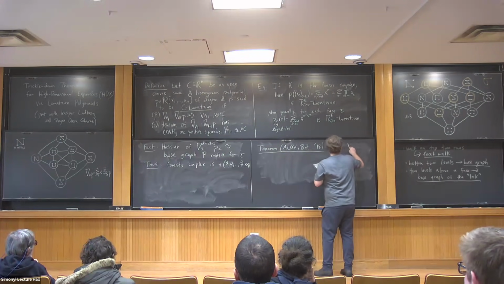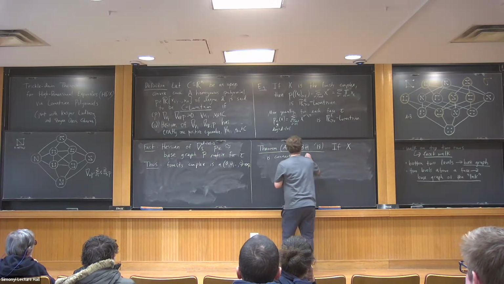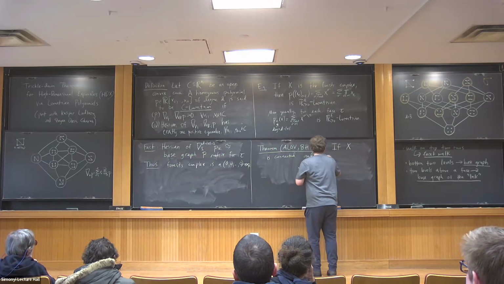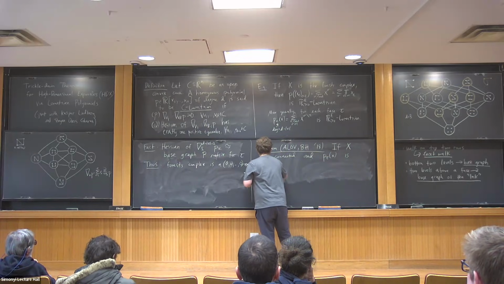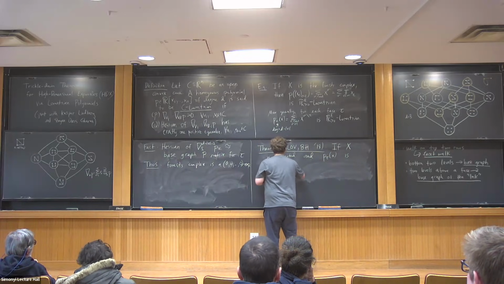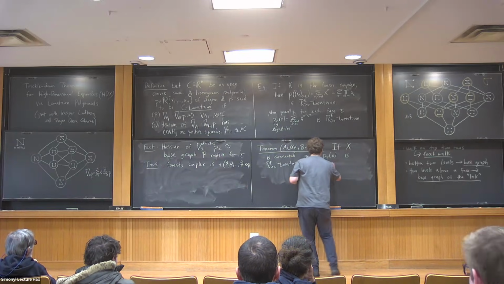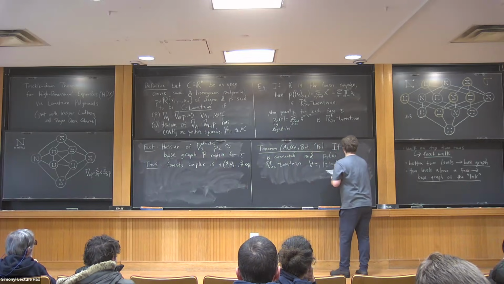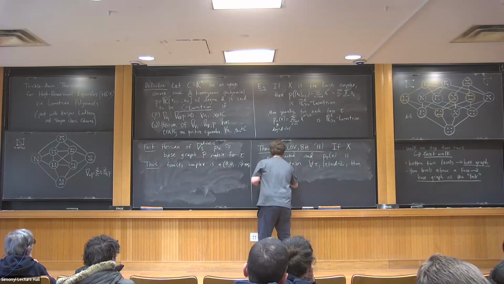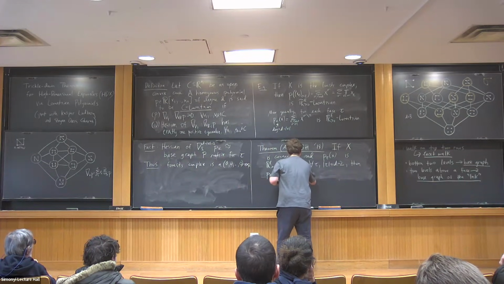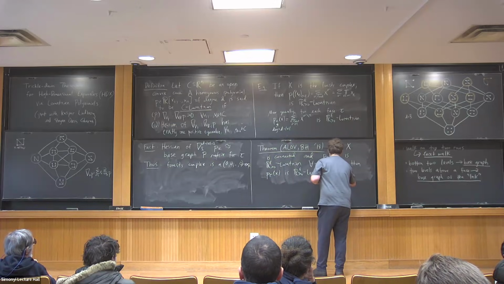And it says the following: if X is connected and this polynomial is Lorentzian for all tau of size d minus 2, then this polynomial is Lorentzian for all tau.